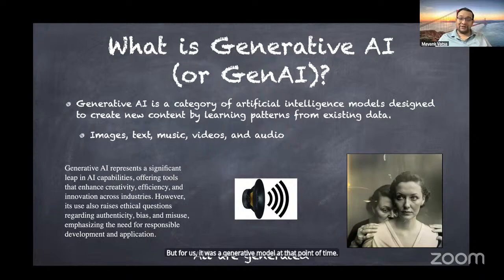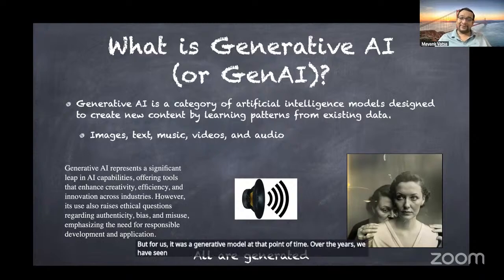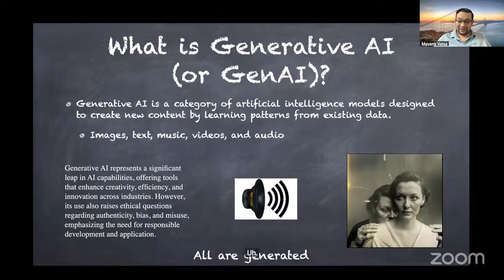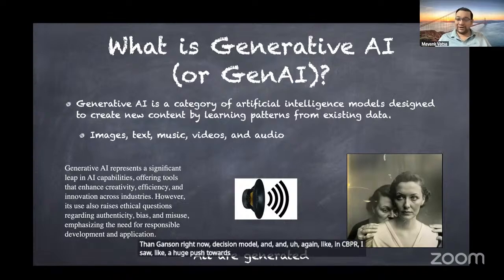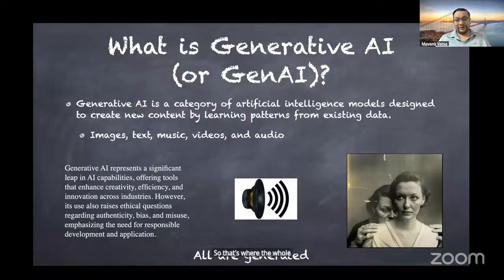Over the years, we have seen significant progress in autoencoders, then GANs, and right now diffusion models, and again, at CVPR, I saw a huge push towards autoregressive models. That's where the whole field is slowly moving in terms of progression in generative models.